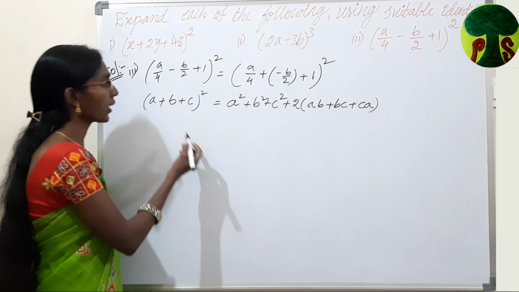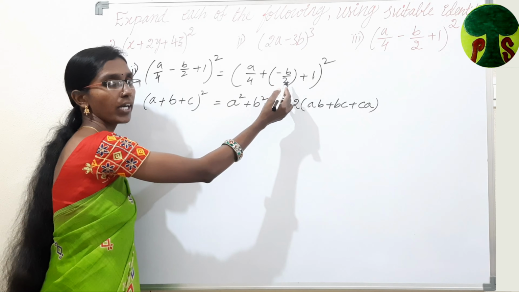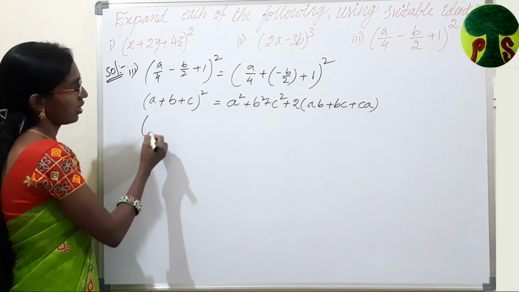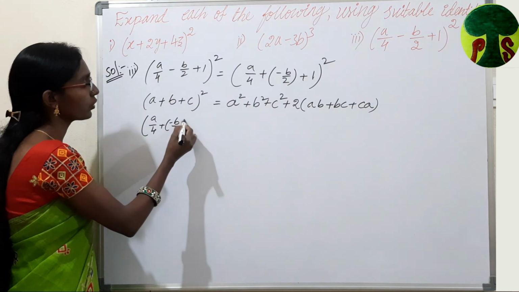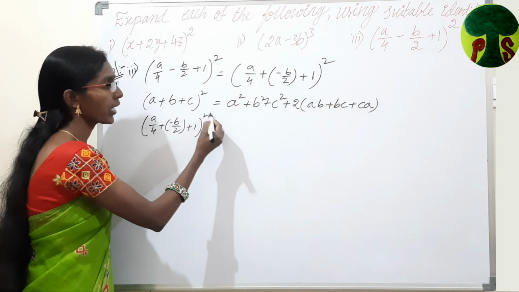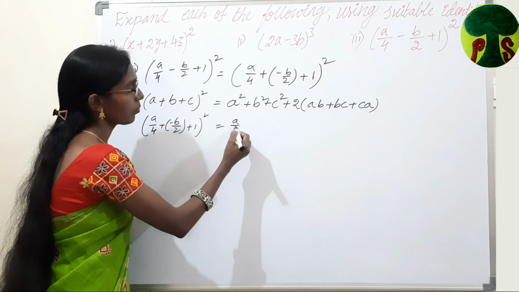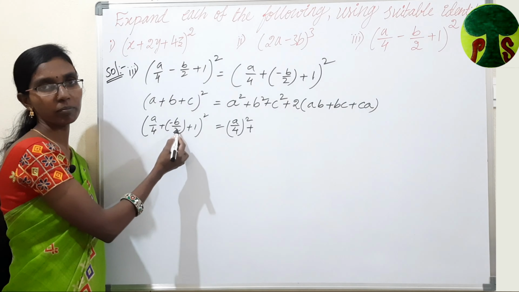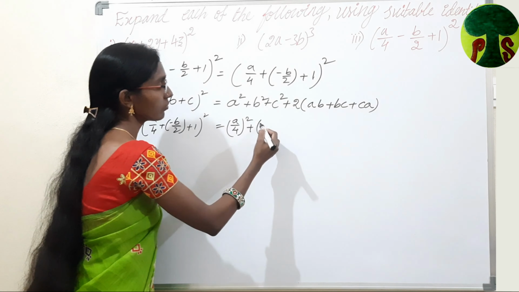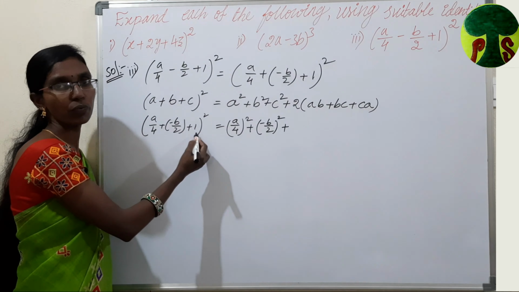We have to replace a, b, c by a/4, -b/2 and 1. (a/4 + (-b/2) + 1) whole square is equal to, a value is a/4, (a/4) whole square plus b is nothing but -b/2, (-b/2) whole square plus c value is 1.